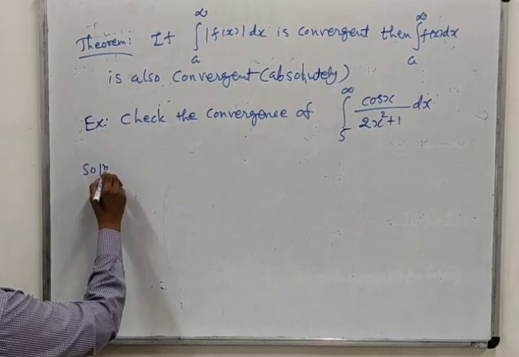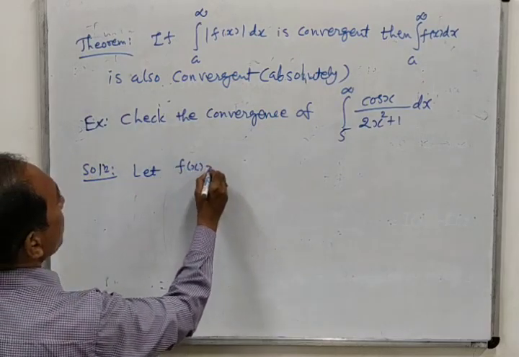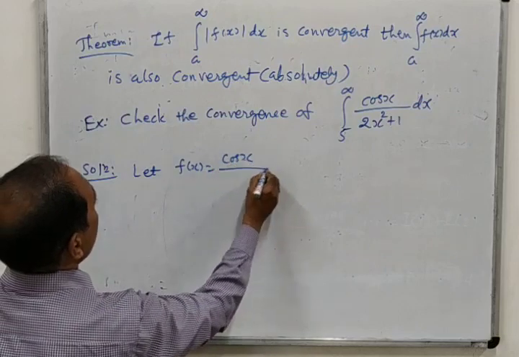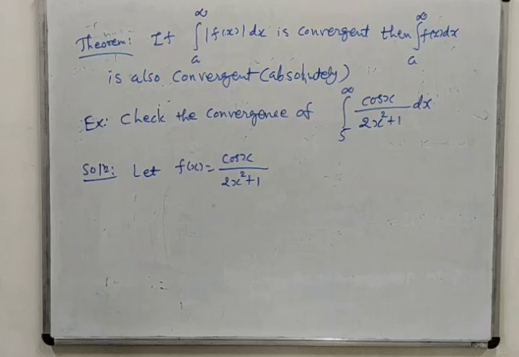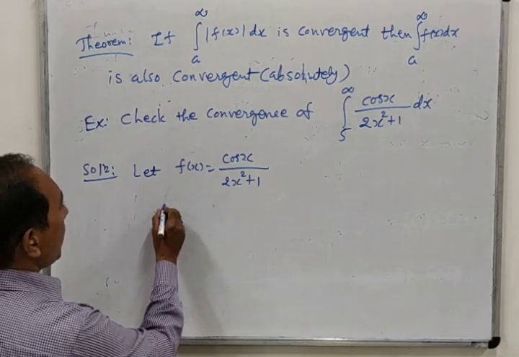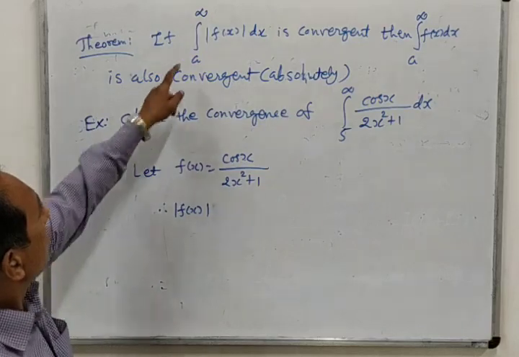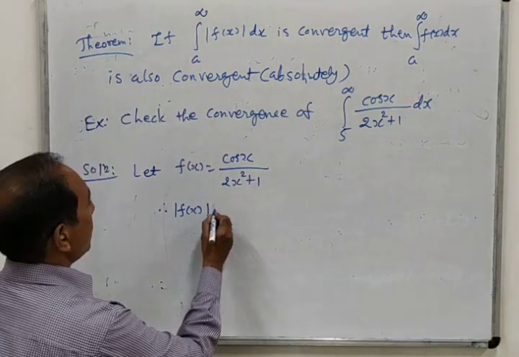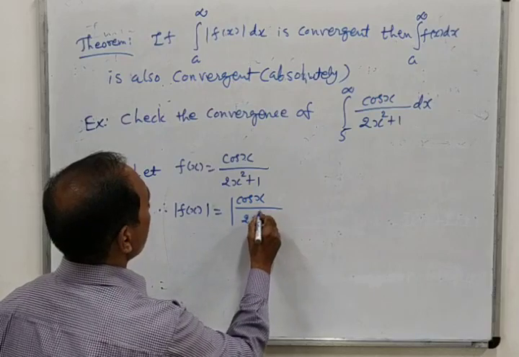So in the solution we will assume let f of x equal to cos of x upon 2x square plus 1. And therefore what will we do? We will find out its modulus. We may try it for its absolute value. That means modulus cos x upon 2x square plus 1.